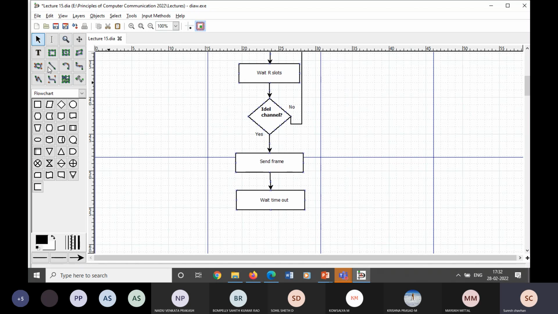After the timeout, we check whether the acknowledgement has been received or not.